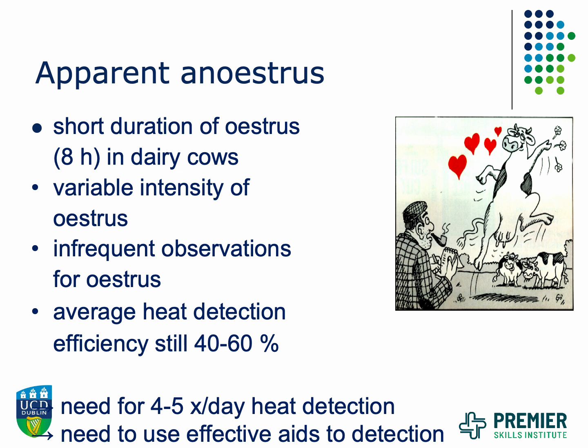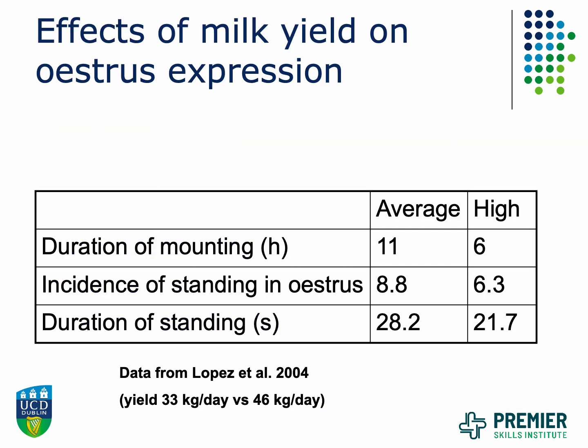And these 4 to 5 times cannot or shouldn't be associated with other events. So milking, feeding and everything, it should be solely dedicated to estrus detection. And that is a really hard sell, because to a farmer, that is, in inverted commas, wasted time, because he could be doing other things than just looking at his cow. However, it is actually worth it to dedicate the time.